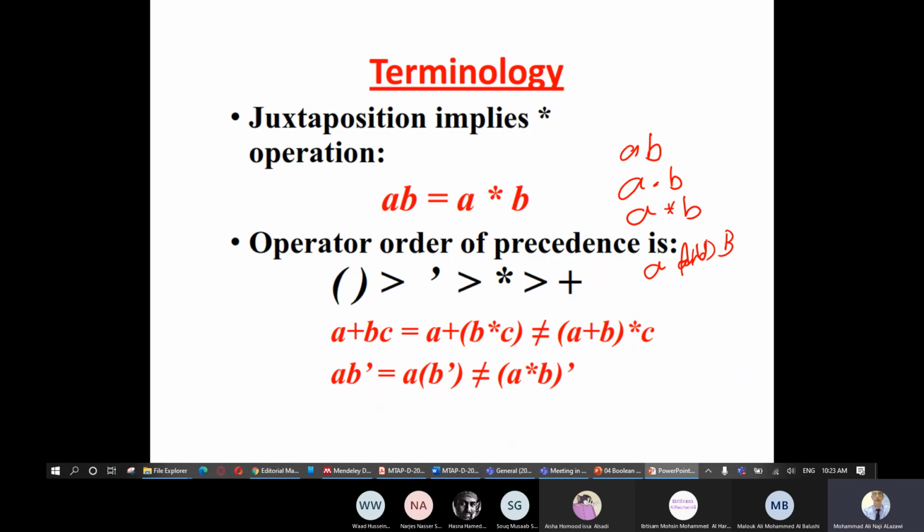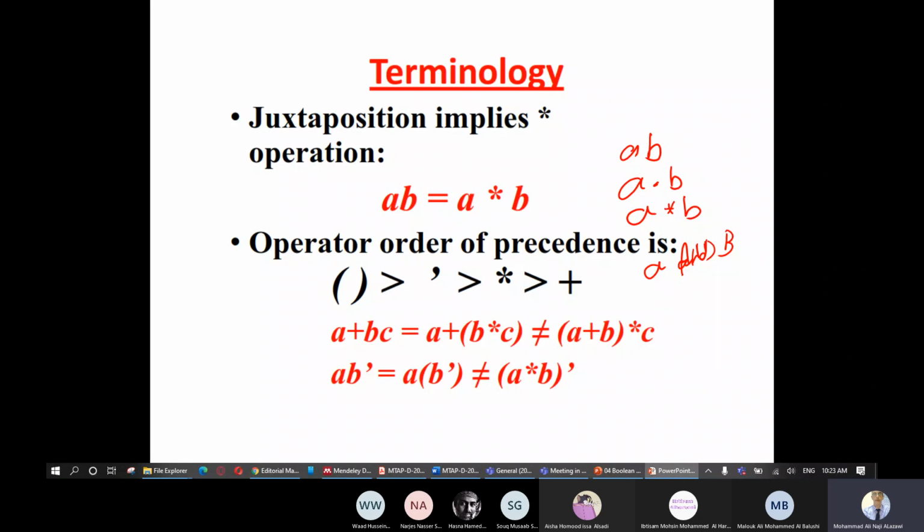This is just a notation. Now, the operator order of precedence. Remember this always. There's an ambiguity about how to execute the operations.